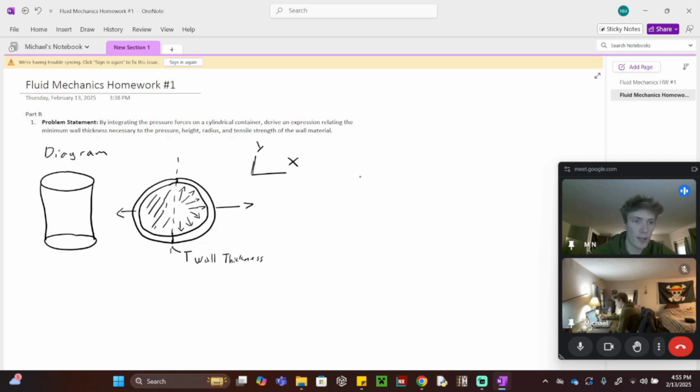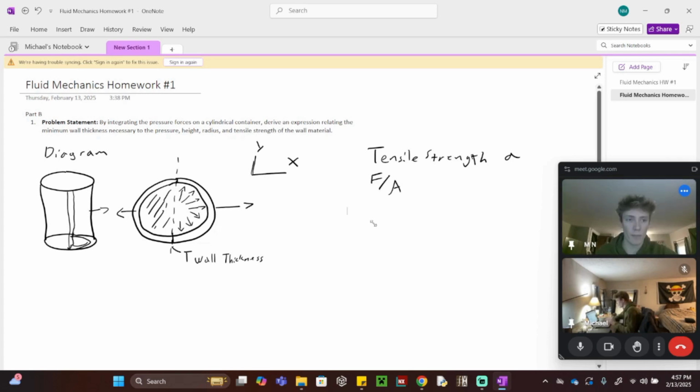And we're really interested in the tensile strength of our material because that's really what's holding our cylindrical container together from these forces acting in the x direction. So we have tensile strength, and we're going to label this as sigma. And we know tensile strength is a force distributed over an area. So what area are we looking for?